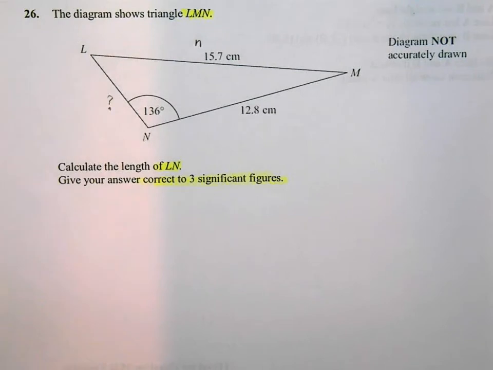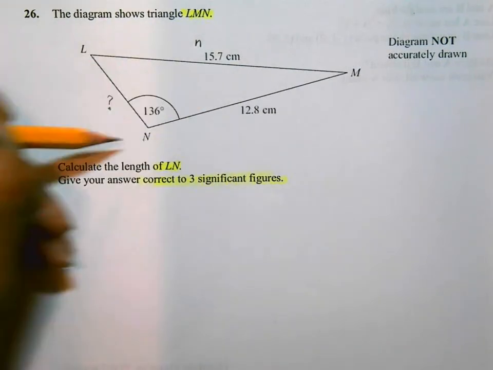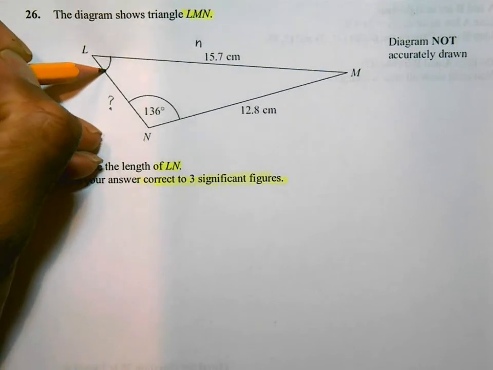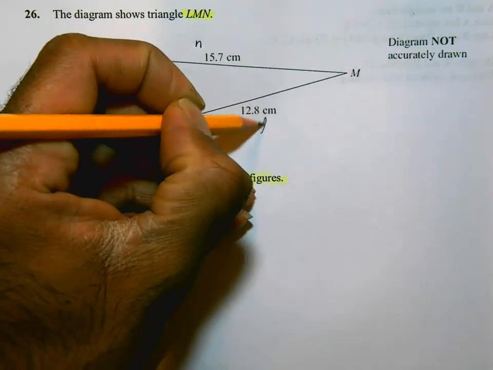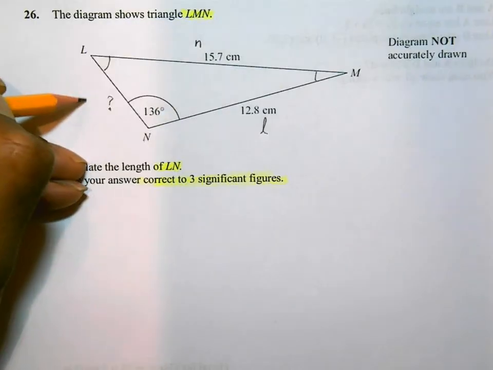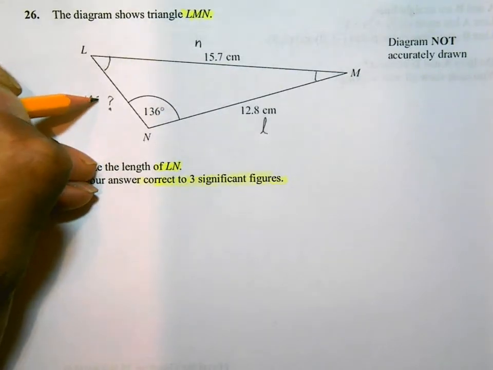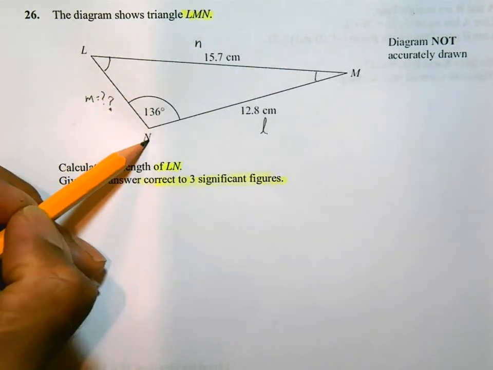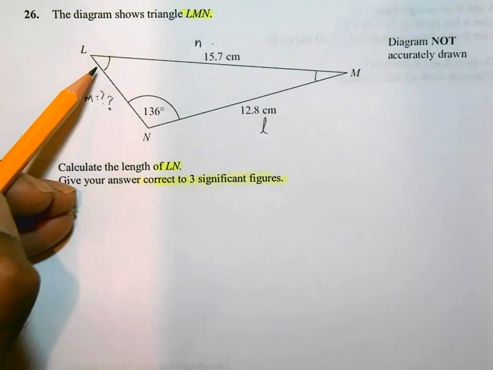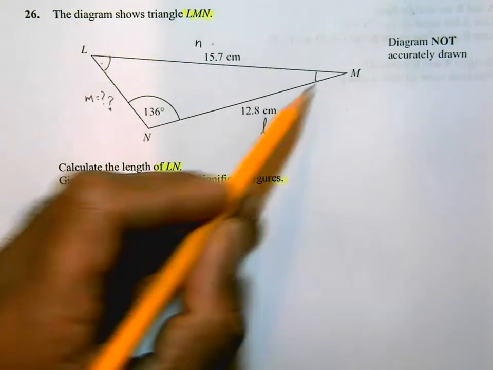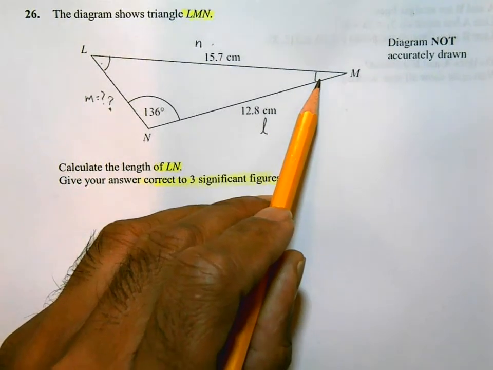If that's L, that's angle L, that's going to be small l. That's angle M, that's going to be small m. So that's what we want to find. I know that angle, I know that side. I don't know that angle, I do know that side. I don't know that angle, but I want to find that side.